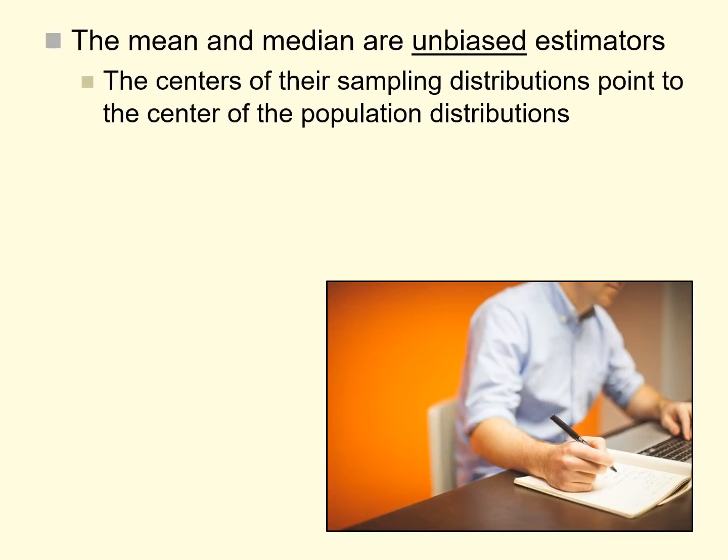So what this tells us is that the mean and the median, at least in the simulations that I've run, and this is generally true and can be mathematically demonstrated, are unbiased estimators. The center of their sampling distributions points to the center of the population distribution.